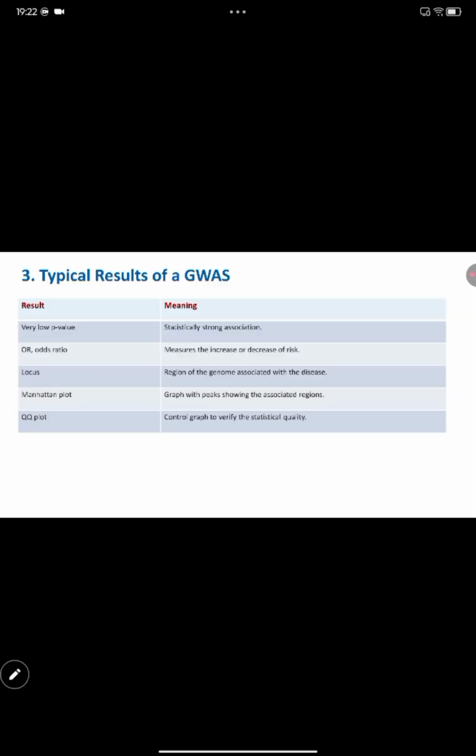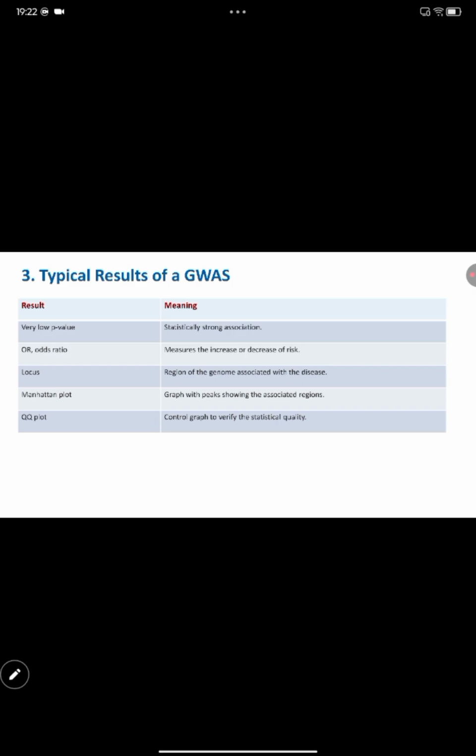So let's move on to some results. So typical GWAS results include several key elements. A very low p-value indicates a statistically strong association. The odds ratio or OR measures the increase or decrease in the risk.